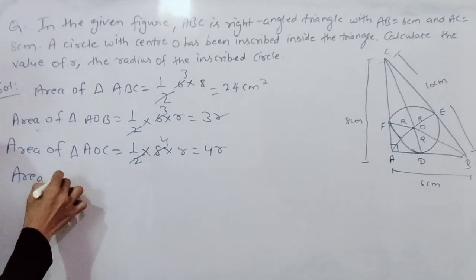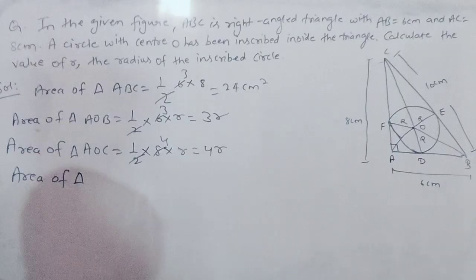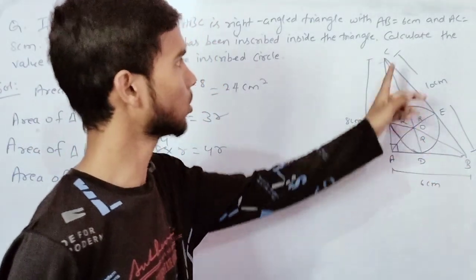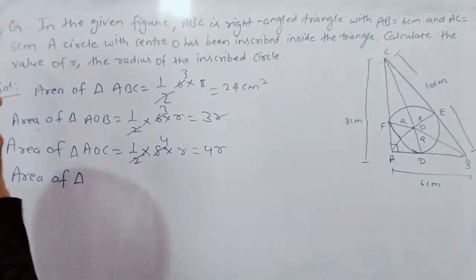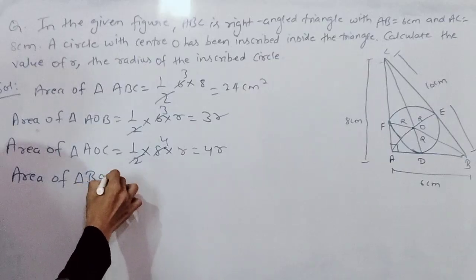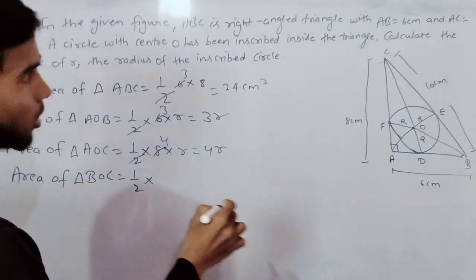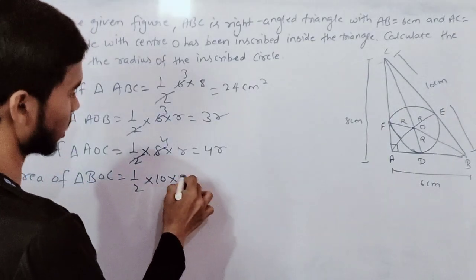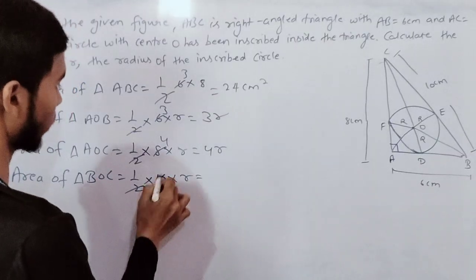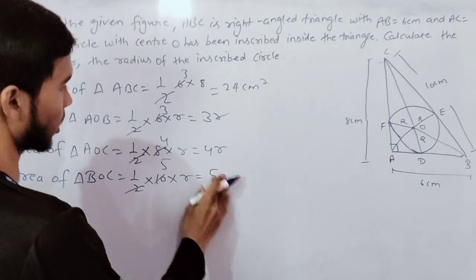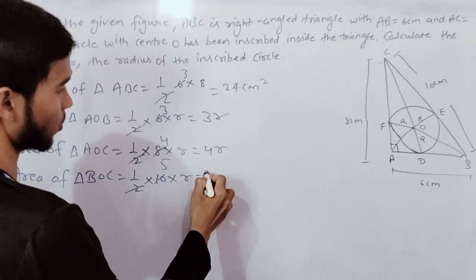Area of triangle BOC is 1/2 multiplied by 10 centimeter as the base, r as the height, 2 5s are 10, so 5r.